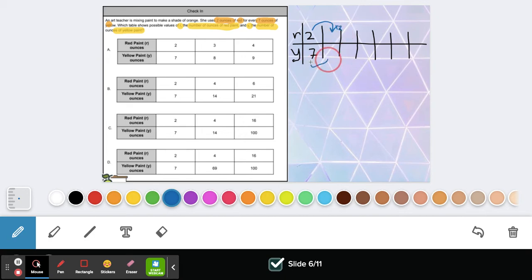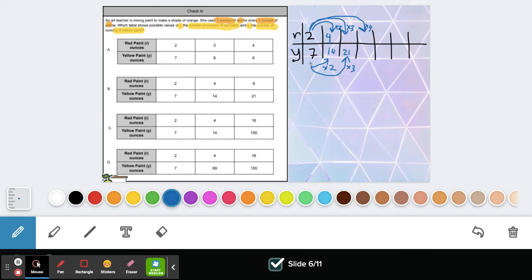And this one is also times 2. So 2 times 2 is 4. 7 times 2 is 14. So this one's going to be times 3. Don't forget to write your rainbows with what you're multiplying by. So times 3, 21. So here times 4.